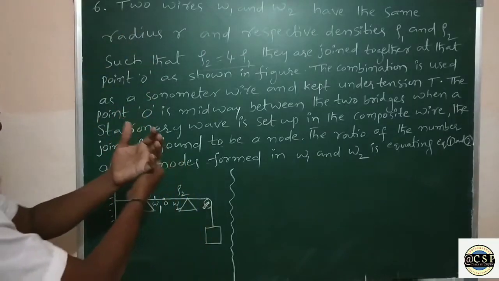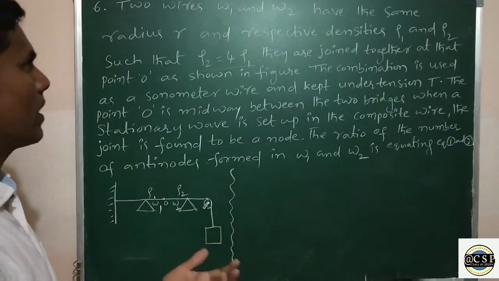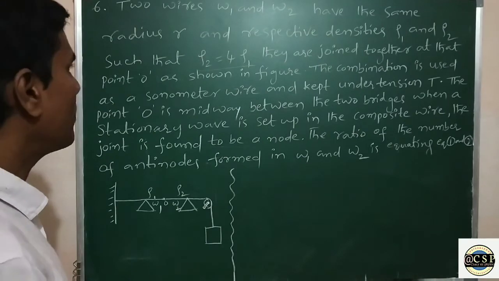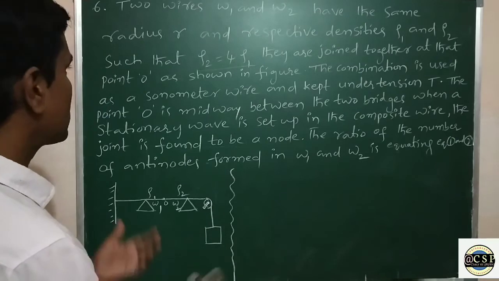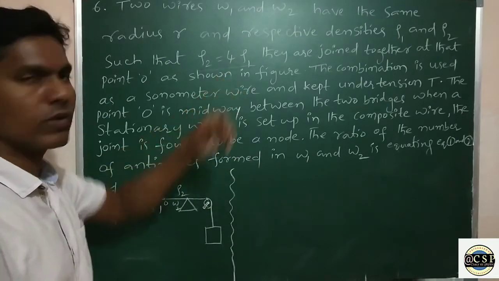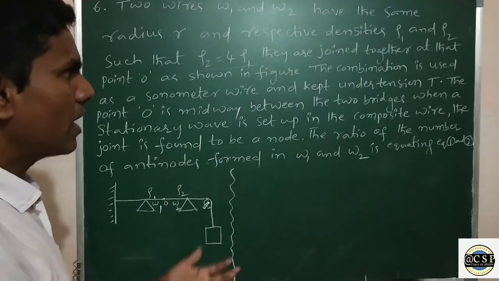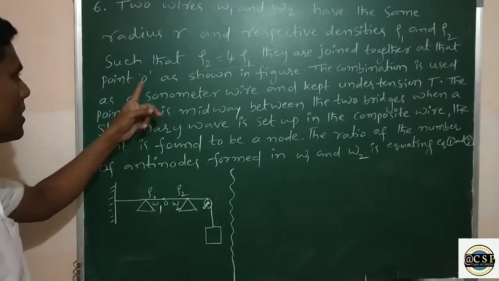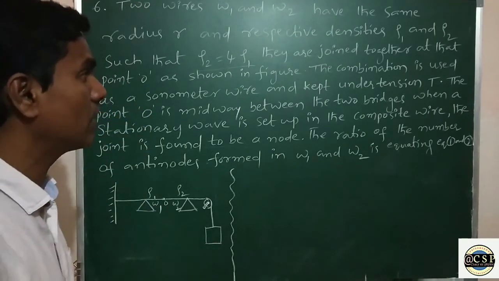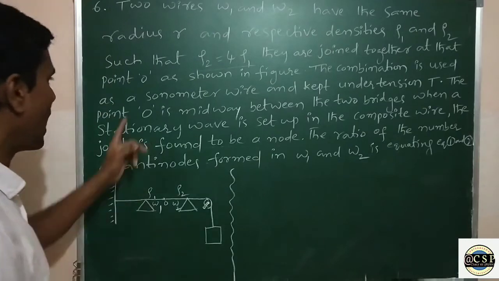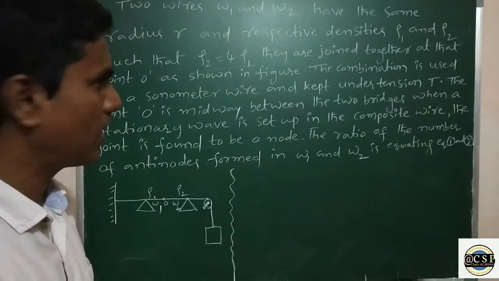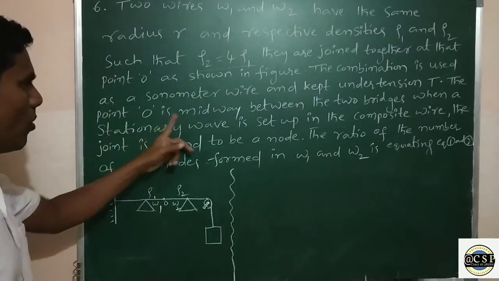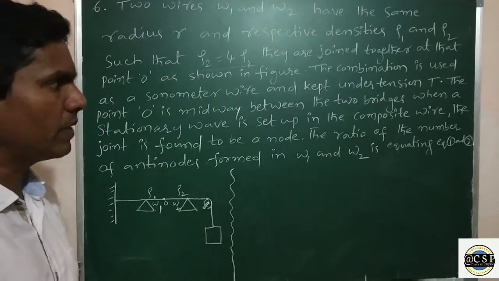The next question is: two wires W1 and W2 have the same radius R and respective densities ρ1 and ρ2 such that ρ2 is equal to 4 times ρ1. They are joined together at the point O as shown in the figure. The combination is used as a sonometer wire and kept under tension capital T. The point O is midway between the two bridges.